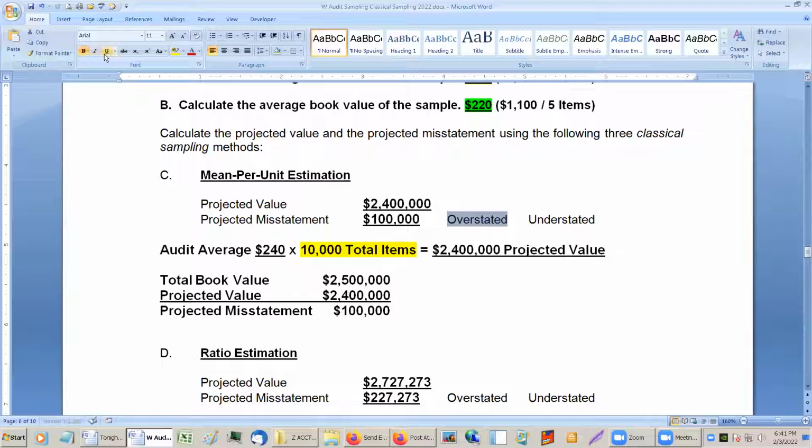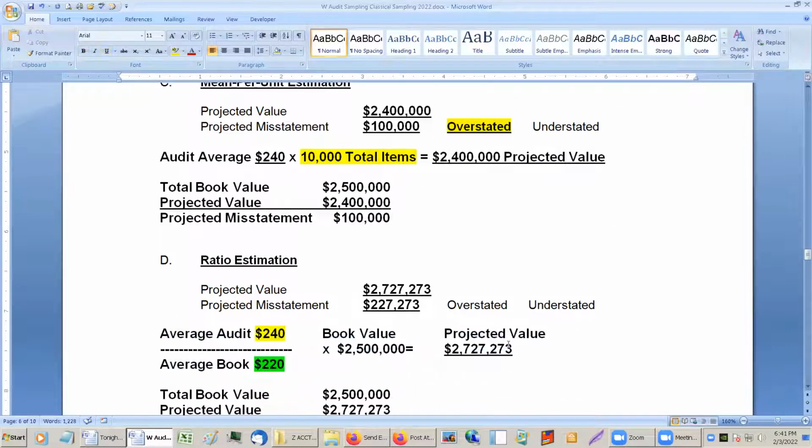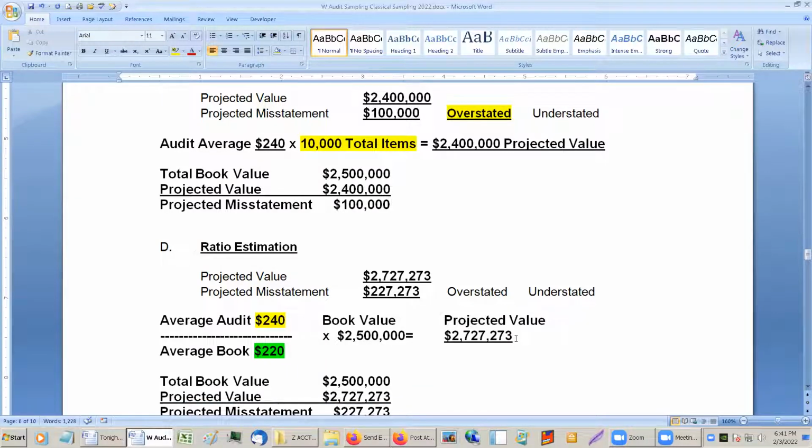So we'd say you have this overstated. Coming down here, ratio estimation, we're saying that it is understated. We're saying they should have 2,727,000, and they only have 2,500,000.